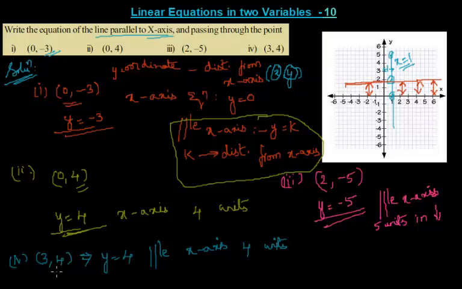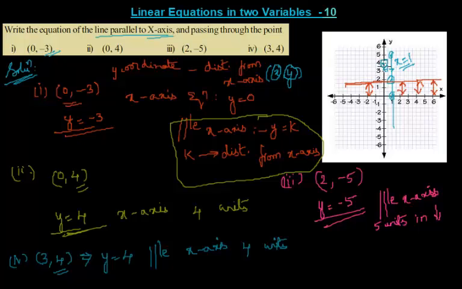Now let us try to mark these points. 0, 4. That means 0 is the distance from y-axis. So it will be on y-axis and 4 units.